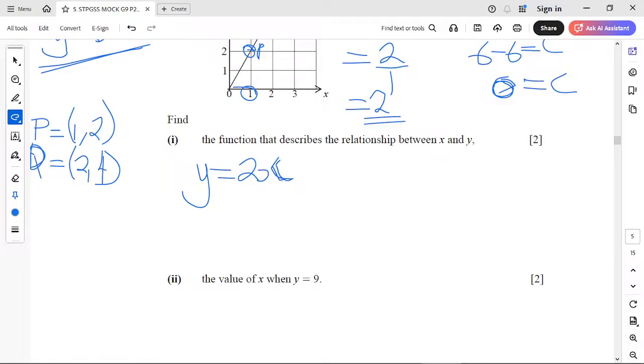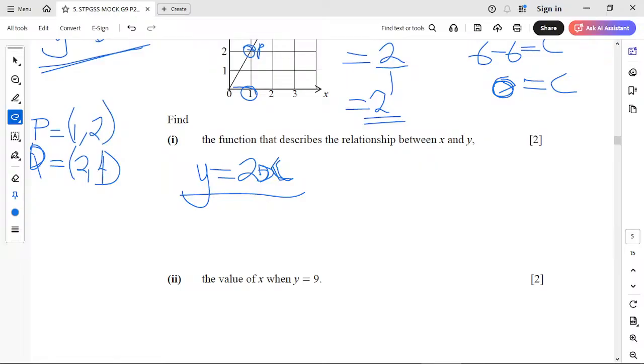Can you get a mark if you wrote y is equal to 2x plus 0? Yes, you can still get the mark, because both functions give you the same answer. But to be seen as someone who knows what he's doing, you just get rid of the 0. So you evaluate that and come up with this function. So that is the function.